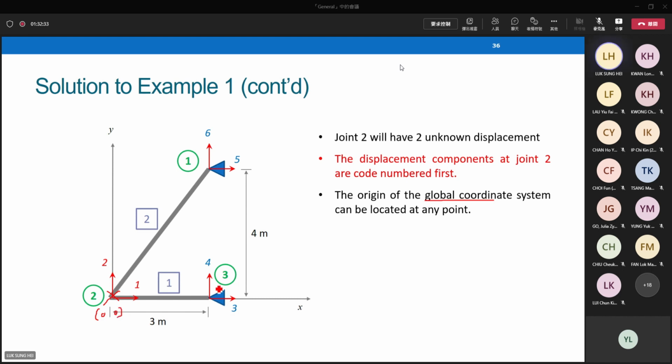What is the coordinate at node 3? 3, 0. Coordinate at node 1? 3, 4. If you know the geometry, after selecting the origin, you can assign the coordinates immediately. If you know the coordinates, you can calculate the direction cosines, lambda x, lambda y.